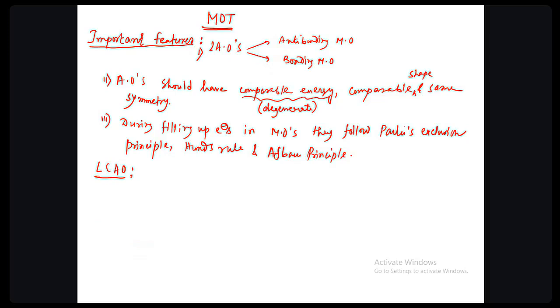From the Heisenberg uncertainty principle, it is observed that the first concept about the orbital was given by Heisenberg.